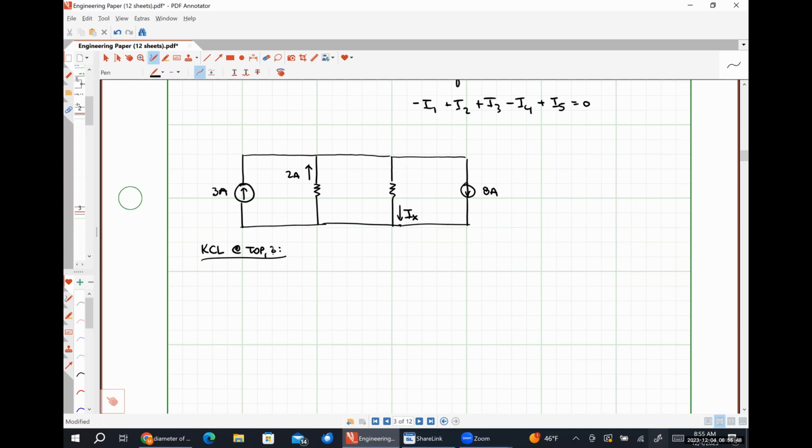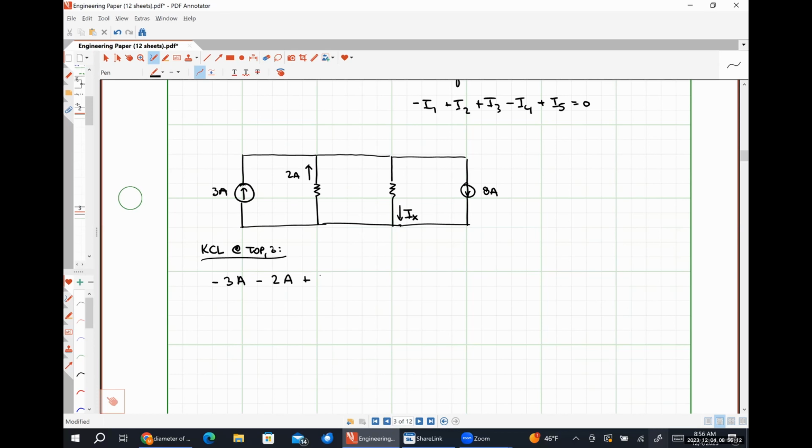So now I'm just going to work my way across the circuit from left to right. So that 3 amp source on the left-hand side is a current that is entering the top node. So it's going to get a minus sign. So we're going to have negative 3 amps. That resistor current of 2 amps is entering the top node. So it's also going to be negative.